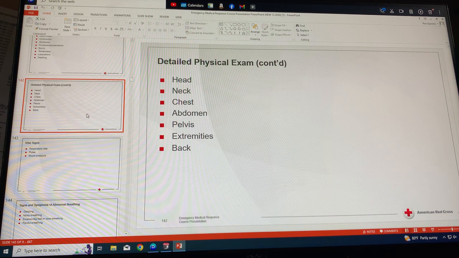Next is the pelvis. Check the hips, asking the patient if there's any pain. Place your hands on both sides of the pelvis, push in on the sides, and then push down on the hips. Check for instability and any reaction to pain. Next is the extremities.